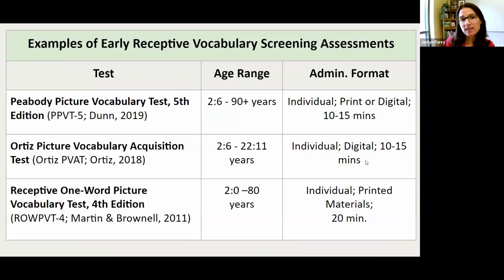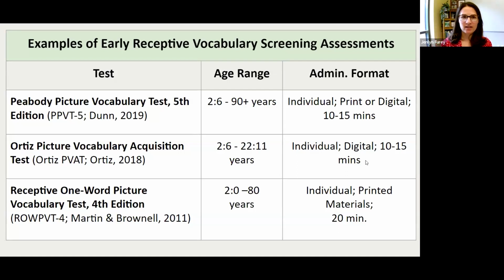And so here are some examples of assessments that would look at receptive vocabulary: the Peabody Picture Vocabulary Test, the Ortiz Picture Vocabulary Acquisition Test, and the Receptive One-Word Picture Vocabulary Test.